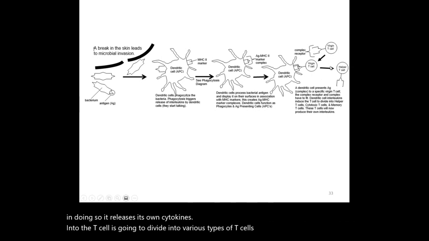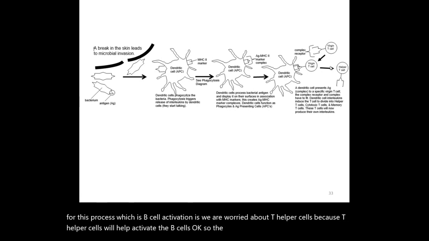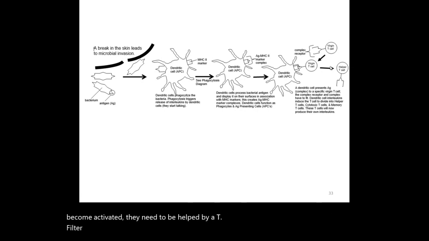And what we're concerned about for this process, which is B cell activation, is we are worried about T helper cells, because T helper cells will help activate the B cells. Okay, so the two arms of specific immunity are connected to each other. In order for B cells, which are part of the humoral response, to become activated, they need to be helped by a T helper cell, okay, which is part of the cellular response.